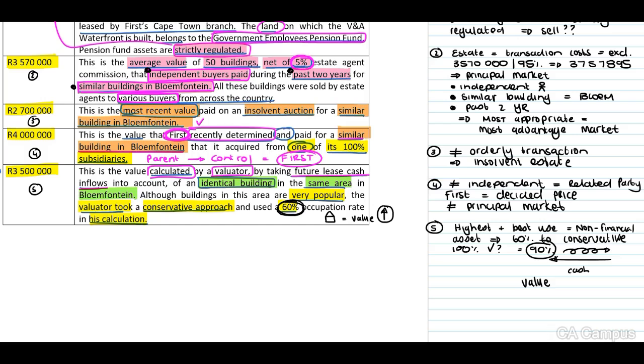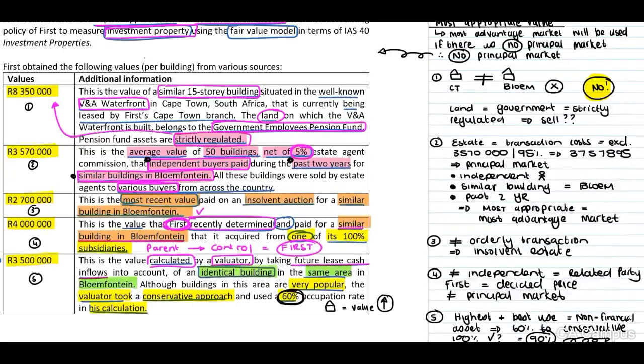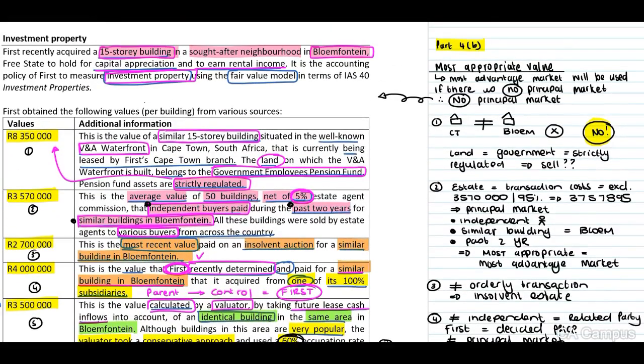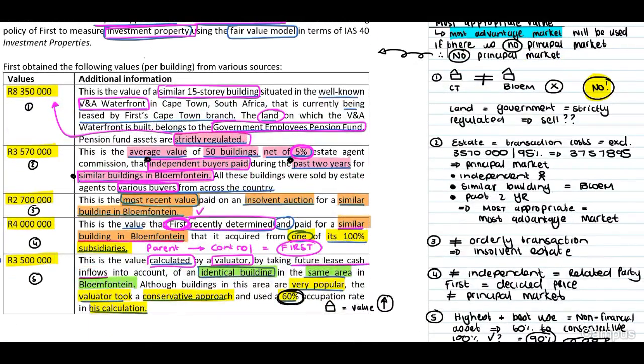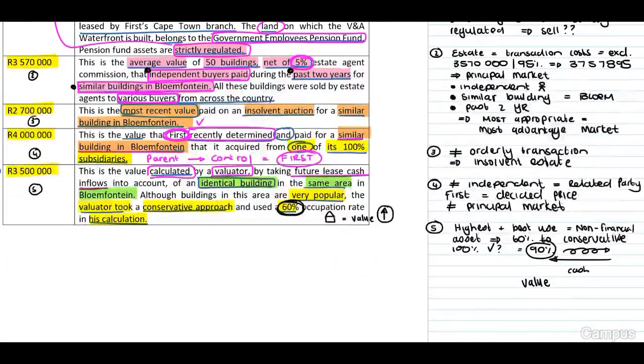Right, now when you look at this, our focus point, we need to use the value in our most advantageous market. Remember, there's no principal market here. There's no actual market for this specific product. Because remember, guys, when you look at buildings, it's not regular that you get buildings that look exactly the same with all of the exact same details.